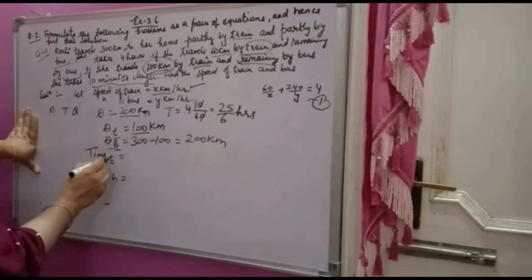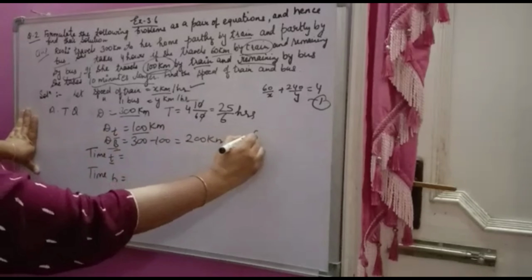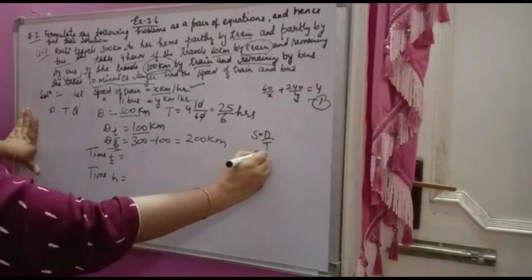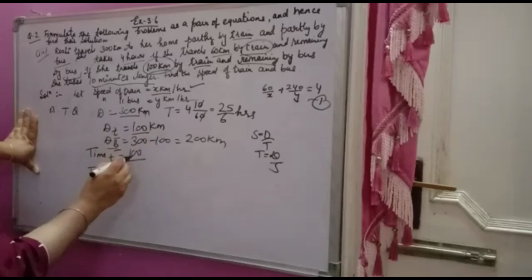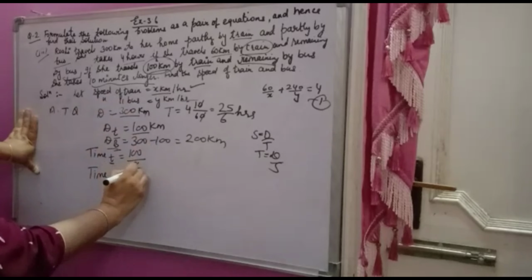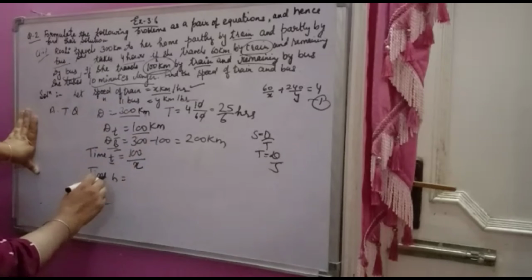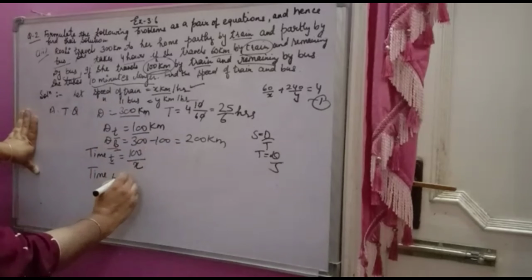Now time for train will be, again you know speed is equal to distance over time, so time is equal to distance over speed, that means distance by train is 100 and speed of train is x. So 100 over x. Time for bus, distance of bus over speed of bus, that is 200 over y.